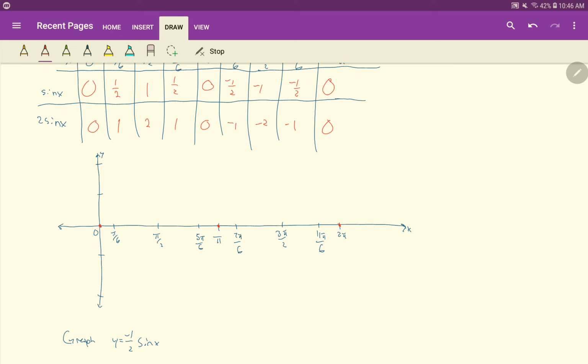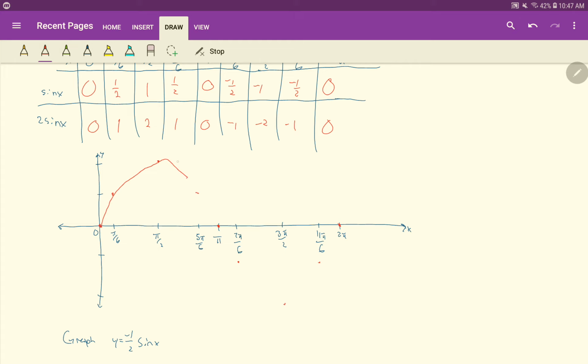I will graph the 2 sine of x here in red, because that's going to be your final answer, and then I'll show you that compared to the regular sine of x as well, which I'll put in green. Okay, so just plot these points here. Okay, so there's our 2 sine of x.